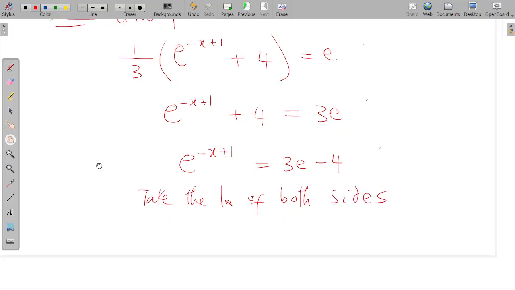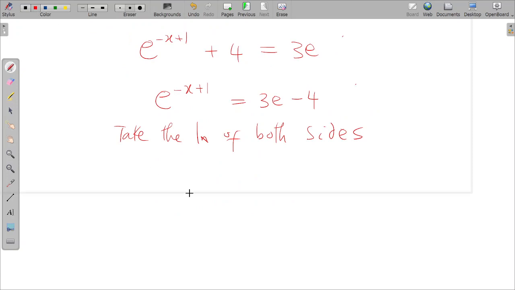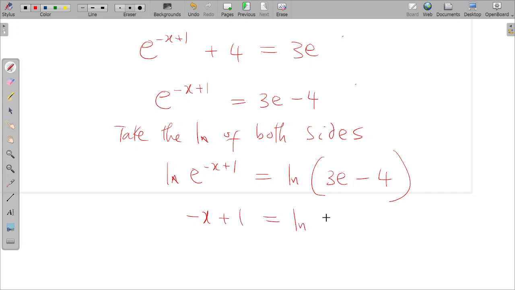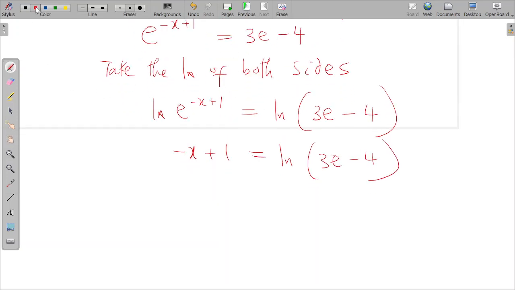Okay, when we take the ln of both sides, we're going to be getting ln of e to the minus x plus 1 equals ln of the whole of this. Okay, this now becomes this. All right, with this now we solve for x.